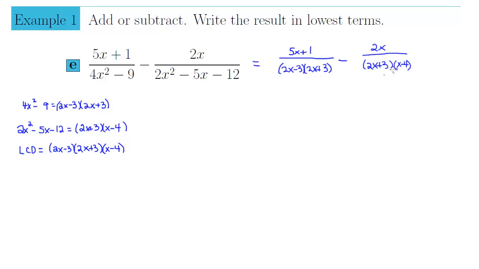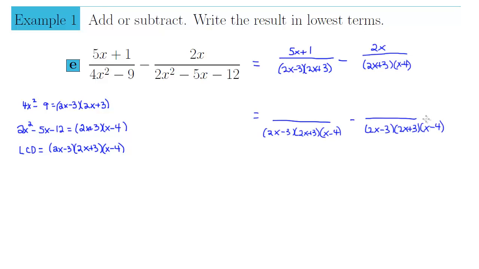We're changing these two rational expressions to each have a new denominator, and that new denominator is our LCD: 2x minus 3 times 2x plus 3 times x minus 4.